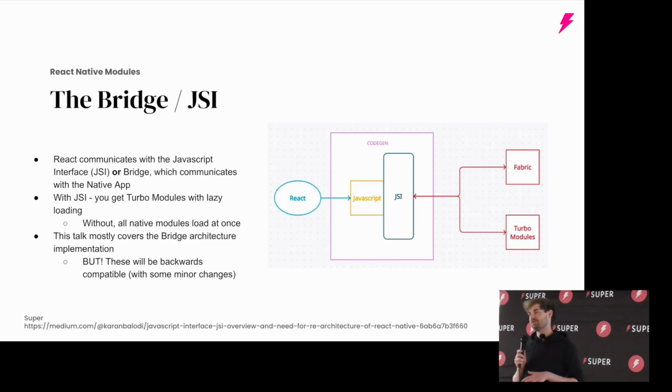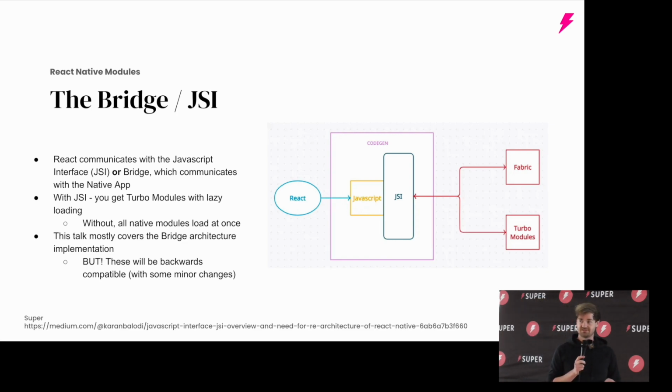In this talk, I'm going to deal mostly with the bridge because that's the most used in most legacy applications, and even now, I think if you're starting a new application, it's used in most cases. But effectively, what it's doing is sending JavaScript over in JSON, deserializing it over on Android or iOS, doing some work, rendering your components, all that jazz, and sending it back over.